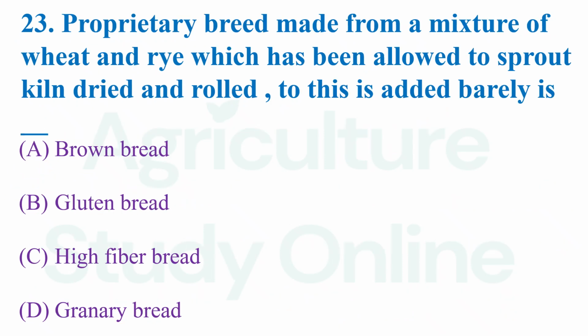Question number 23. Proprietary bread made from a mixture of wheat and rye that has been allowed to sprout, cleaned, dried and rolled, and to which barley is added, is called dash. Brown bread, we know, is made from whole wheat flour.